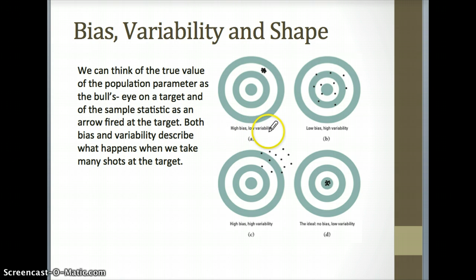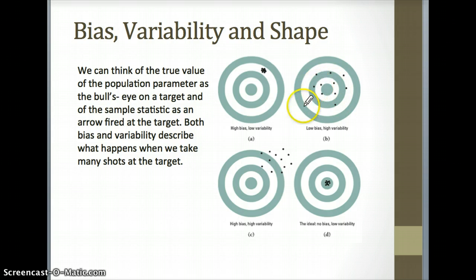So here would be high bias, low variability. So notice that they're all kind of close together, but you missed your target. Low bias, high variability. So they're kind of all scattered here.